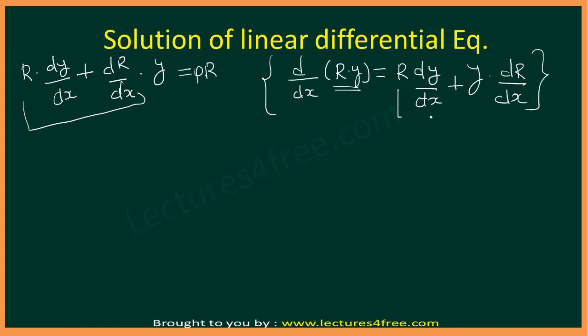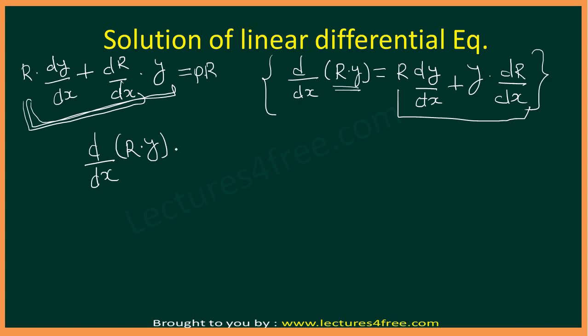So this is the left hand side of this equation. We can write this as d by dx of R into y, and that will be equal to Q into R.